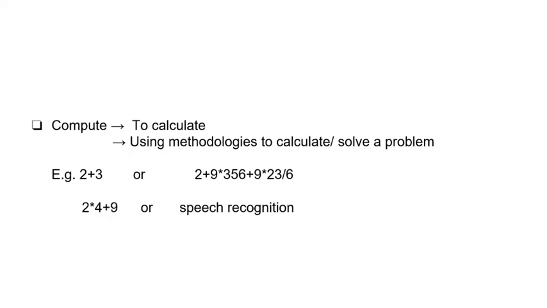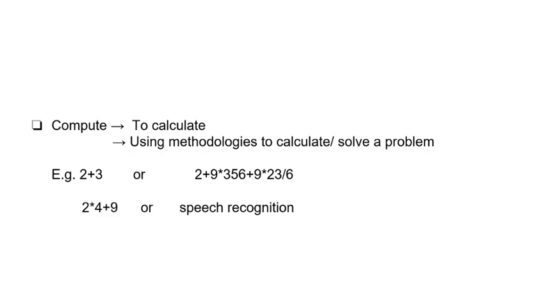But the difference is, the first one is very simple, the second one needs much more time to evaluate, right? Or we can say that the first one only needs a mental calculation, the second one may need physical aids. And check the second line. 2 into 4 plus 9 is a computation.